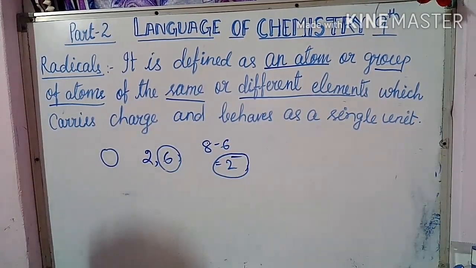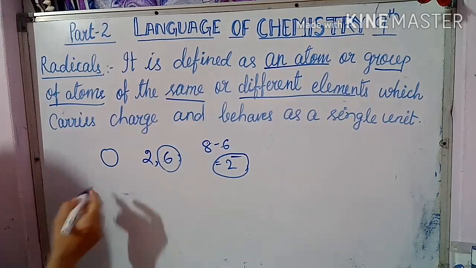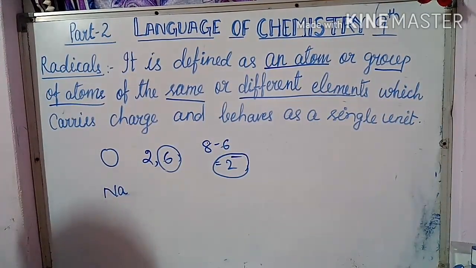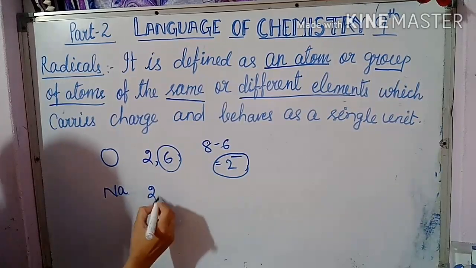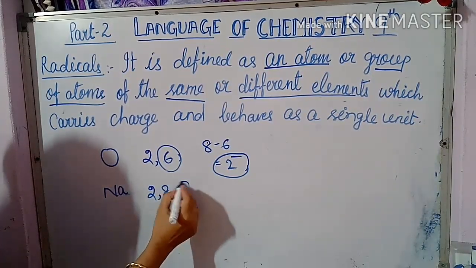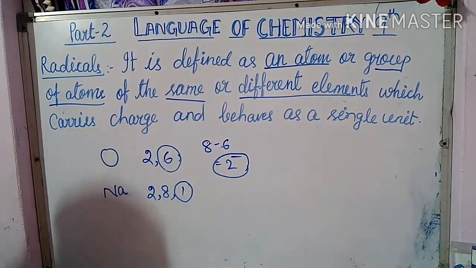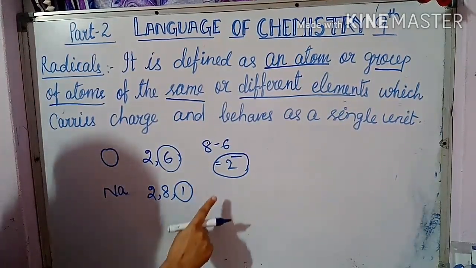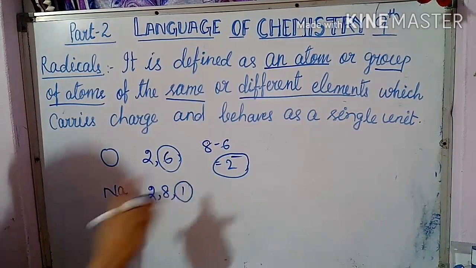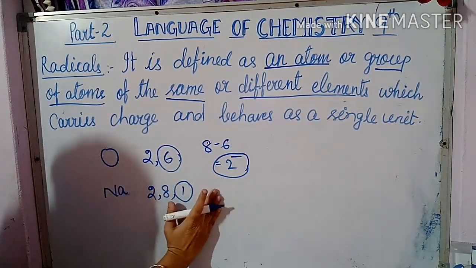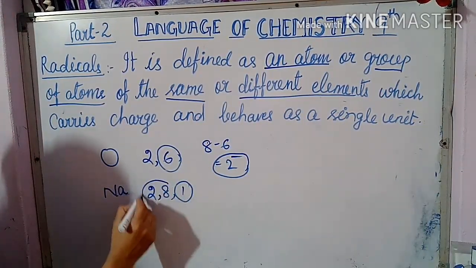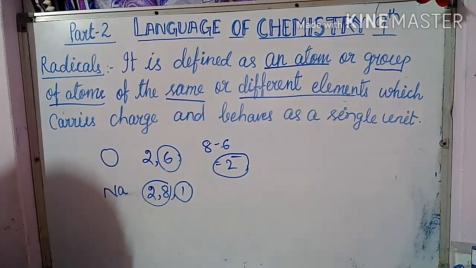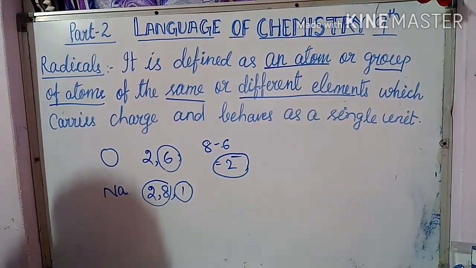Now go to a positive radical also. Suppose I will tell you Na. What is the electronic configuration of Na? 2, 8, 1. The outermost electron is 1. So Na is donating 1 electron. Once it donates 1, the shells are 2, 8, and the second shell becomes the outermost shell, which has completed the octet structure.